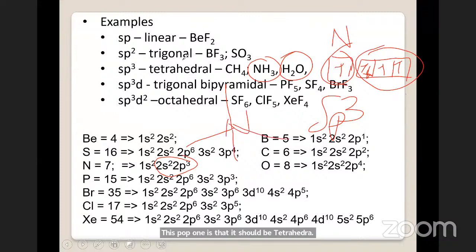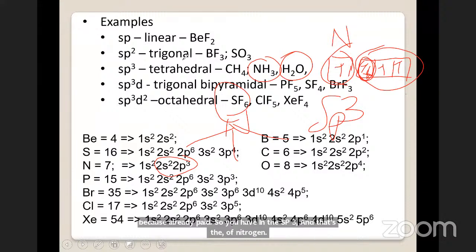That is your nitrogen, but this is not a bonding electron. It's a lone pair that cannot be used for bonding because it's already paired. So in the sp3 hybridization of nitrogen, you have a lone pair of electrons there.